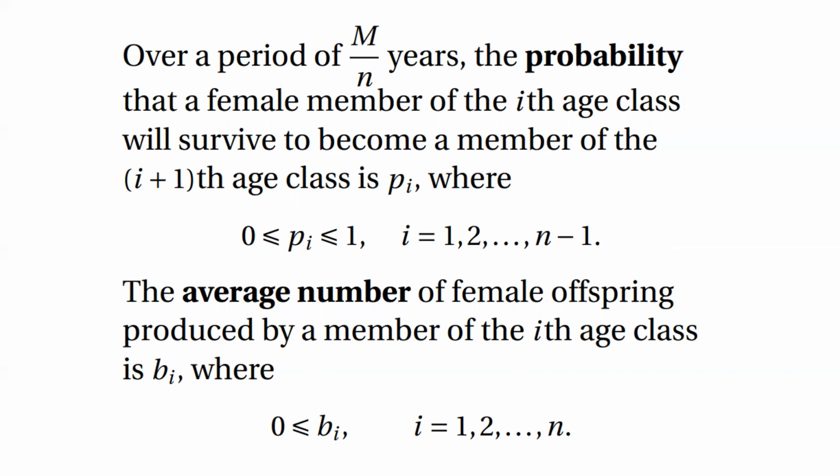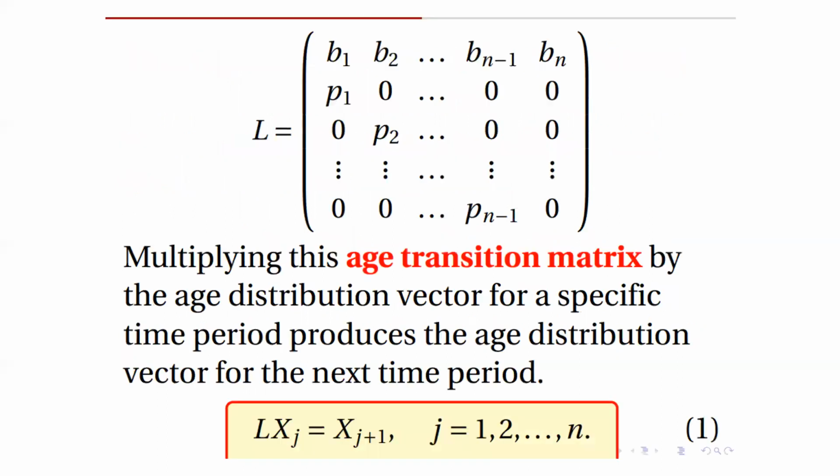The average number of female offspring produced by a member of the i-th age class is bi, where bi is larger than 0, with i running from 1 to n.